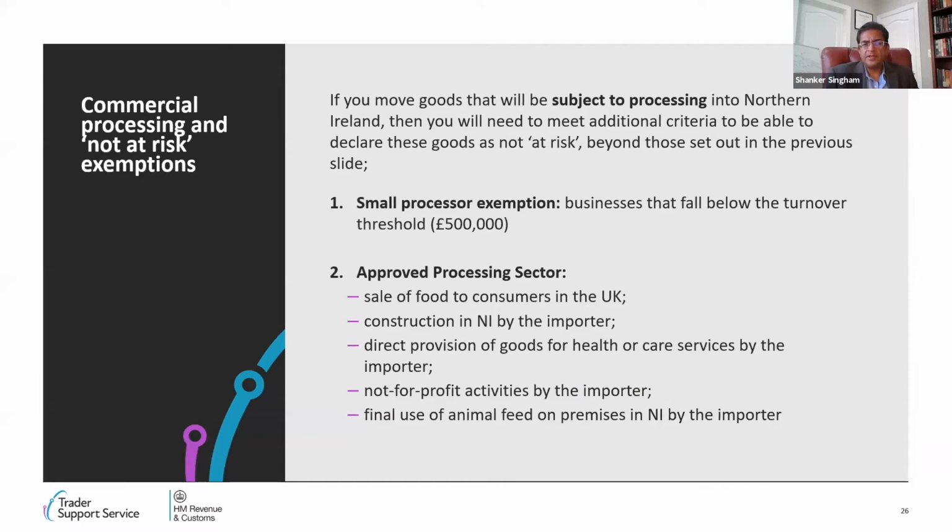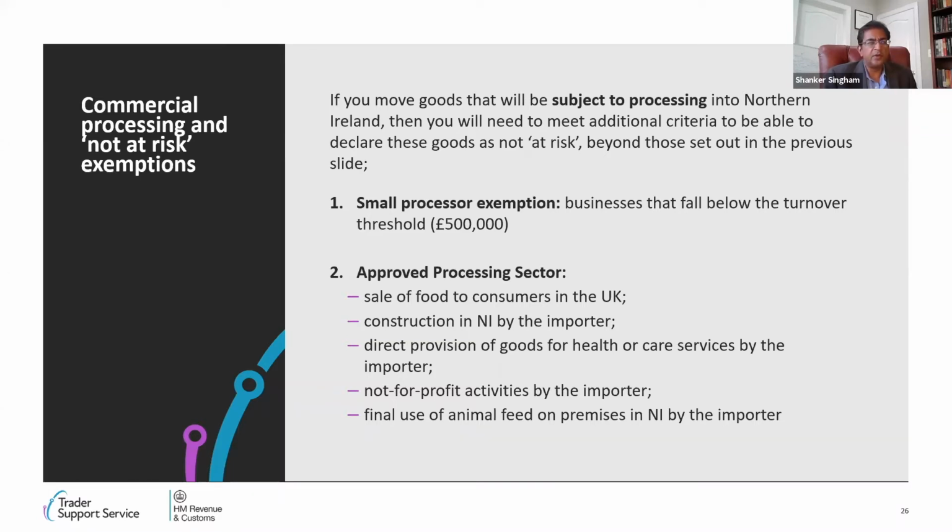There is a rule under the protocol that if your goods are subject to processing in Northern Ireland, then they are deemed to be at risk. There are a couple of exceptions to that. One is if you are a small processor, if you're under £500,000 in turnover a year, then you qualify for the small processor exception, and you can still be not at risk. And then there are these categories: sale of food to consumers in the UK.